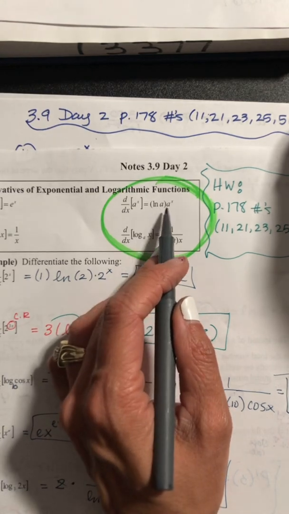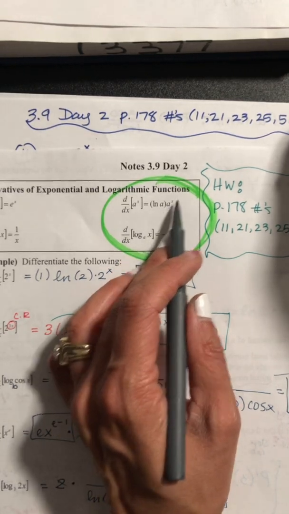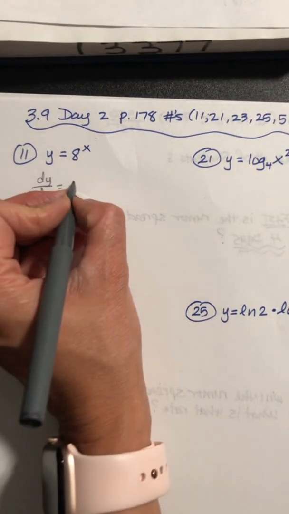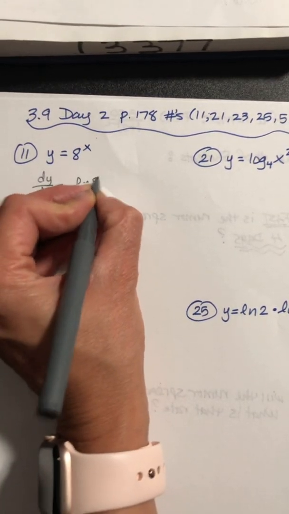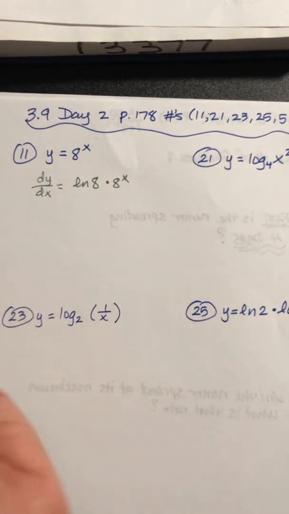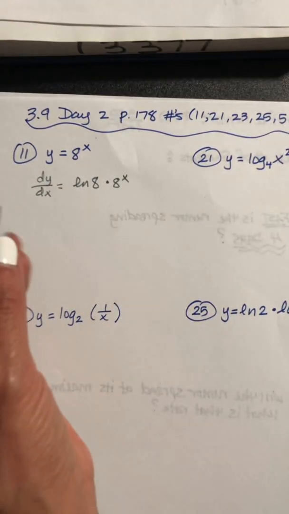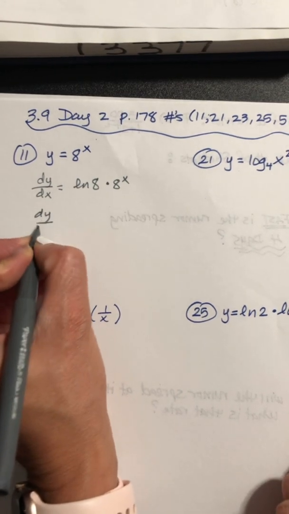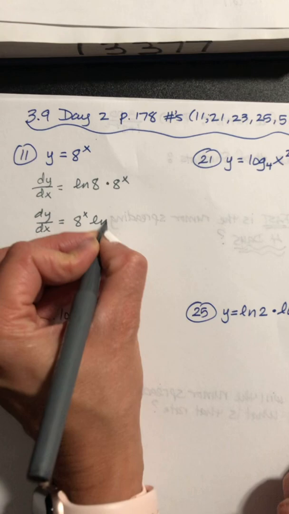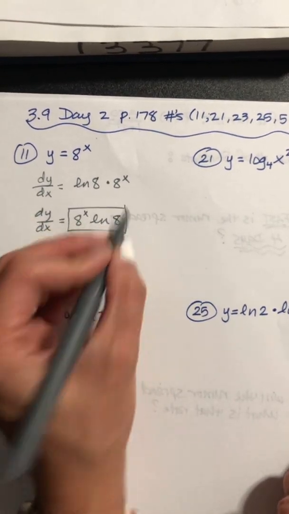So it'll be natural log of a, which is the base, times whatever that was, a to the x. Okay, so this is going to be the natural log of 8 times 8 to the x. It looks better when we throw that in front. So dy dx equals 8 to the x natural log of 8. There it is.